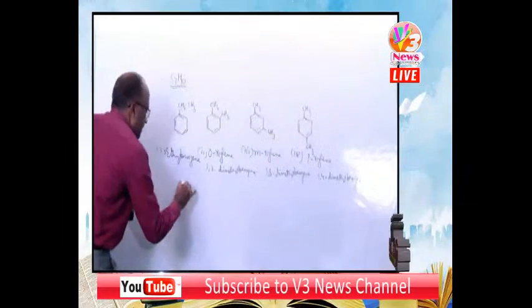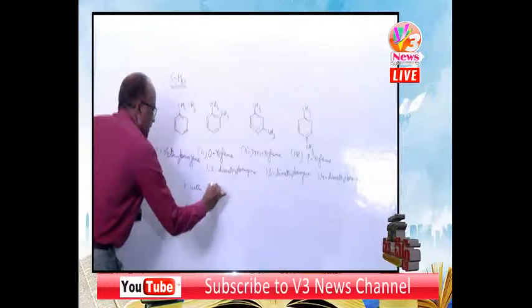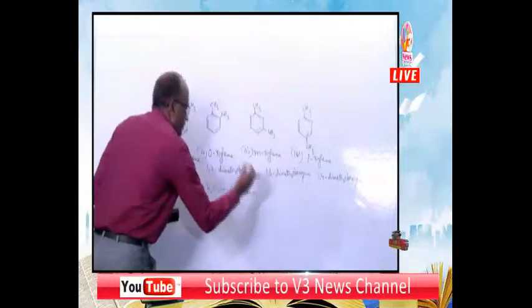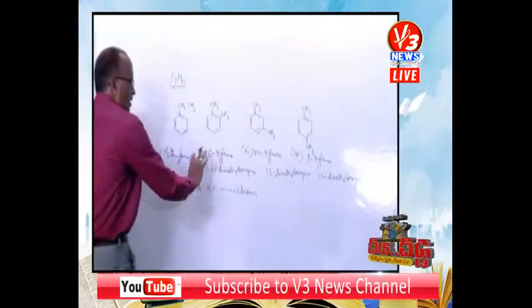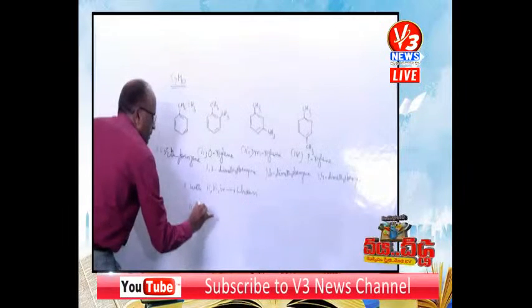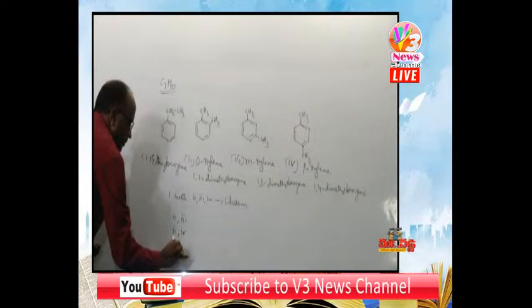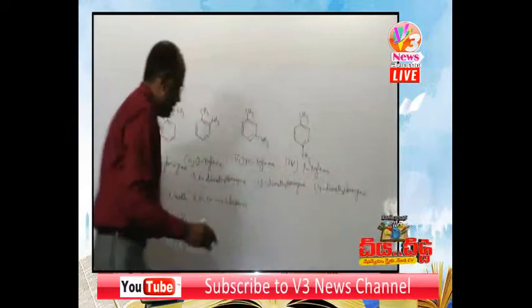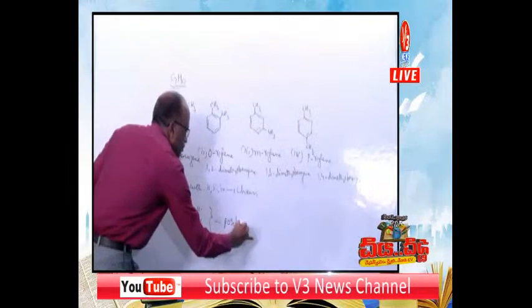What is the difference? 1 with 2, 3, 4, they differ in arrangement of carbon atoms in chain. So, chain isomers. Now, if you observe this 2, 3, 2, 4, similarly 3, 4, they differ in position of methyl groups. That is why these are what type of isomers? Positional isomers.